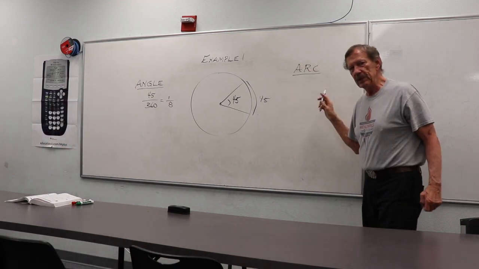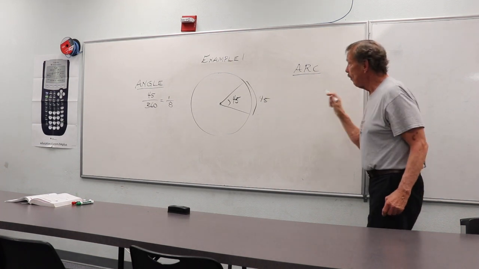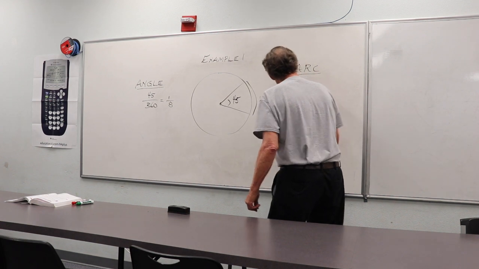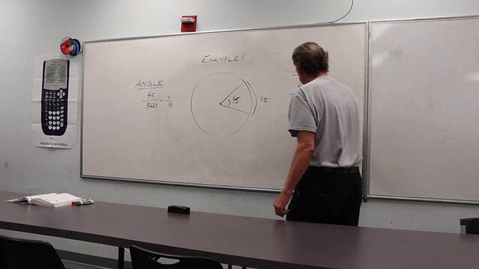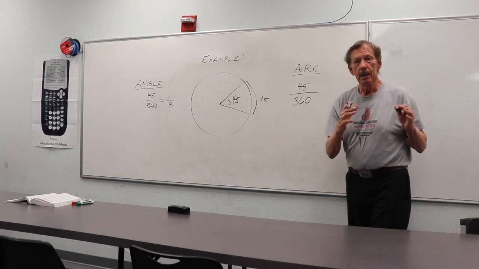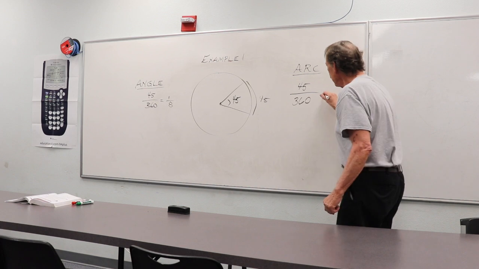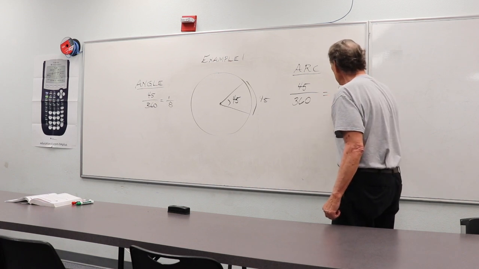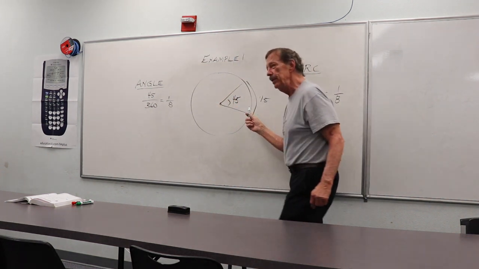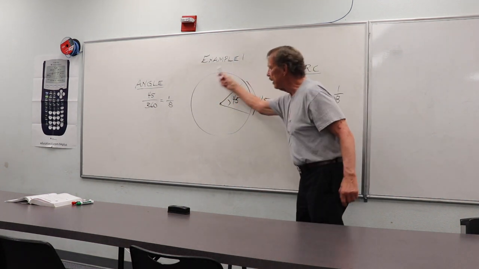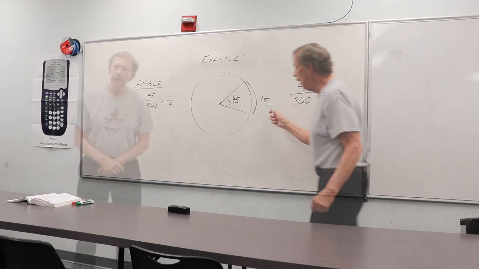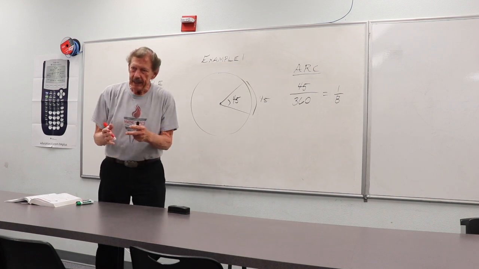Over here on this side, we have arc. There's 45 degrees of arc compared to 360 in the whole circle. That tells us we have exactly the same ratio. So whether we use angles compared to 360 or whether we use arcs compared to 360, we come up with the same ratio.